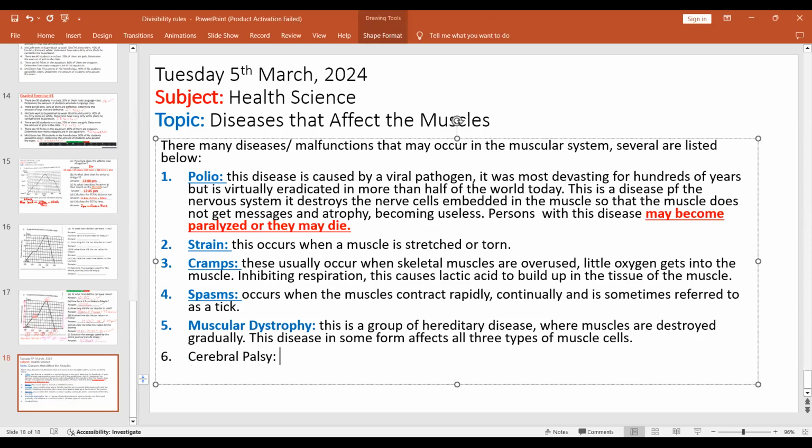So that's when you have your brain being damaged, right? It happens from when you are in your mother's womb. So cerebral palsy is usually caused by damage to the brain while the fetus was in the womb.